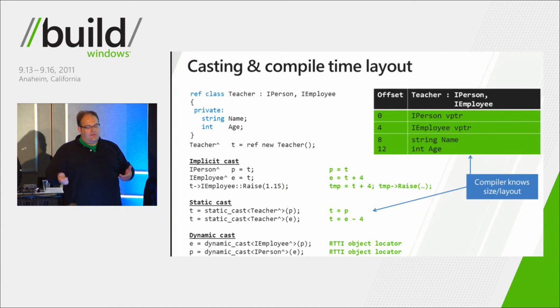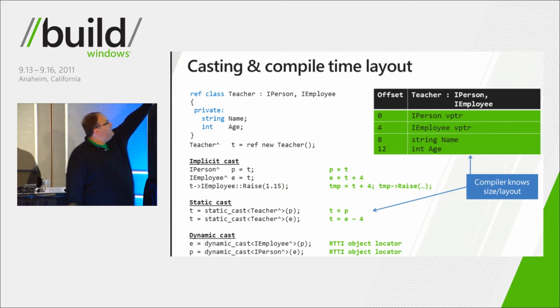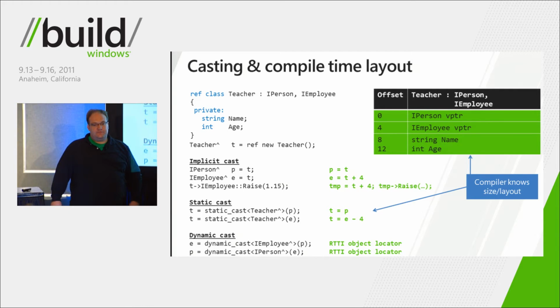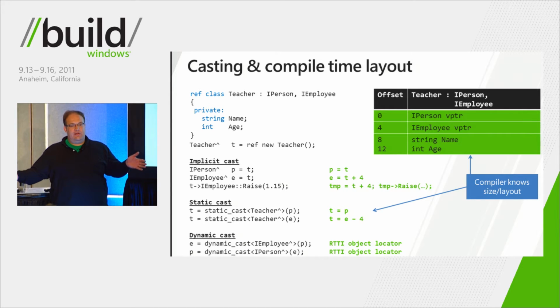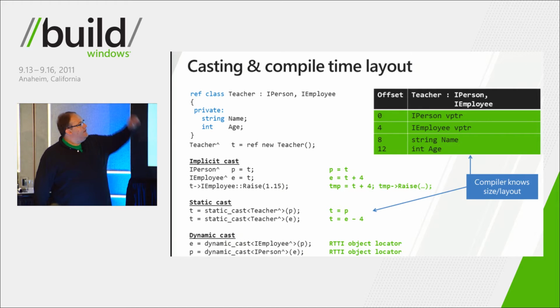So now when we cast around, we say iPerson hat p equals t. Now, this is similar to what we would have done if this was an iPerson star, if this was a C++ component. We know the layout, we know the offset, so we can say p just equals t, and just leave it at that. It's the same pointer value.